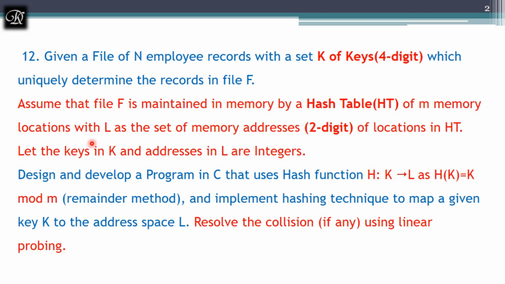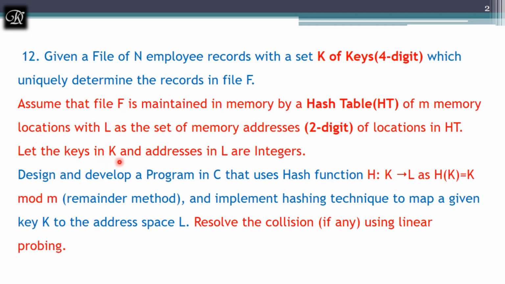We have a limited m memory locations for a given file, with L as the set of memory addresses. For those m memory locations, we have L memory addresses which are 2 digits. We have keys of 4 digits, and for that we should get a 2-digit address, a 2-digit location in the hash table.